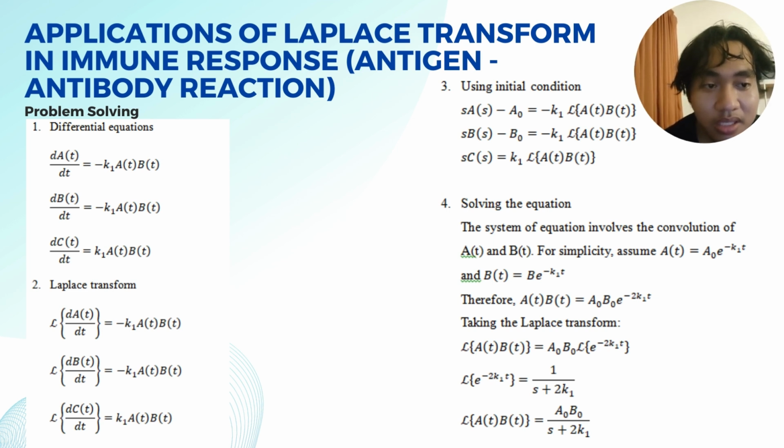Taking the Laplace transform, the Laplace transform of A(t)B(t) equals A0 B0 times the Laplace transform of e^(-2k1 t). The Laplace transform of e^(-2k1 t) equals 1 over s plus 2k1. So the Laplace transform of A(t)B(t) equals A0 B0 over s plus 2k1.